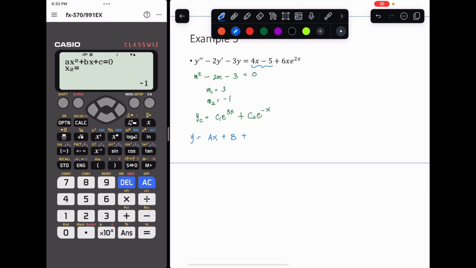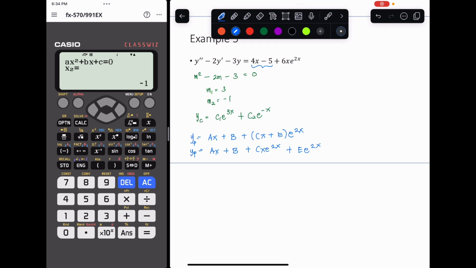So that would be plus, for 6x, cx plus e, then multiplied with e raised to 2x. Therefore, our yp will be ax plus b plus (cx plus e) e to the 2x.